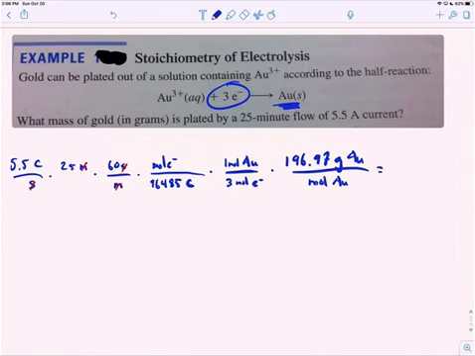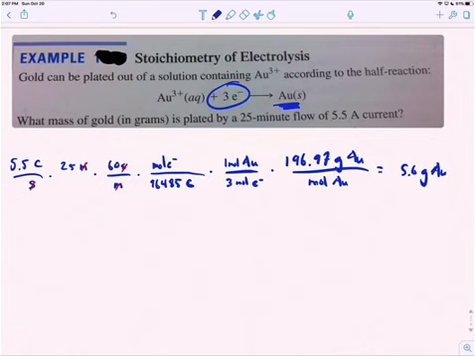And yeah, there's everything sorted out. So moles of electrons cancel, coulombs cancel, moles gold cancel, and you're left with 5.6 grams of gold. So go ahead and calculate out all the stuff there.